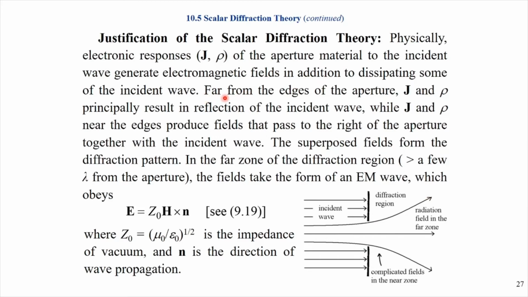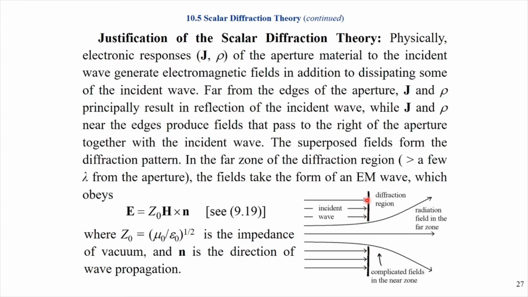Far from the edges of the aperture, J and rho physically result in reflection of the incident wave.